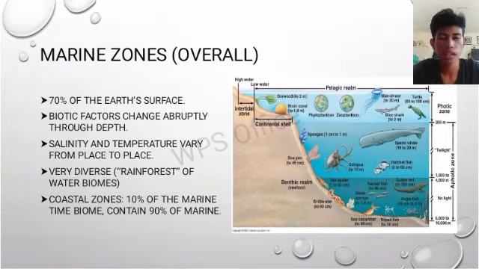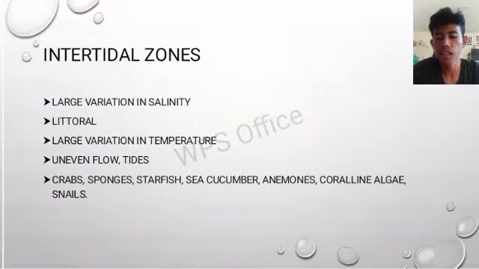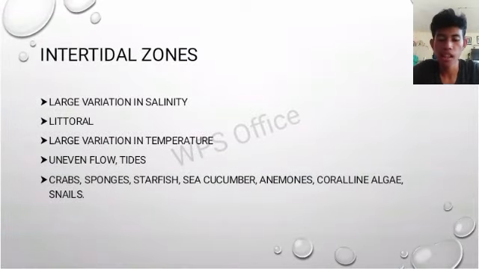Marine zone is a belt of sea defined by international treaties and conventions. So, marine zones have several types. First is intertidal. When we say intertidal, the area where the ocean meets the land between high and low tides.